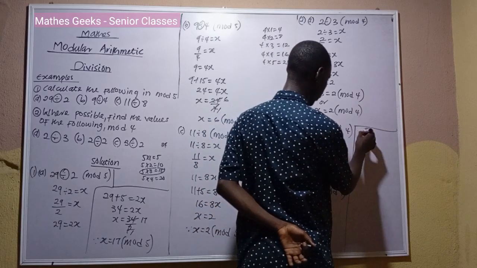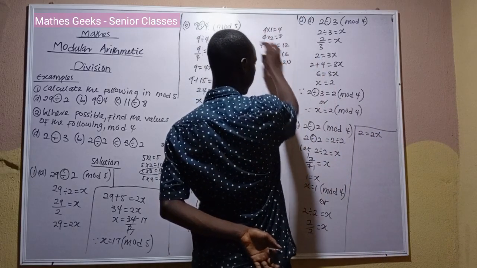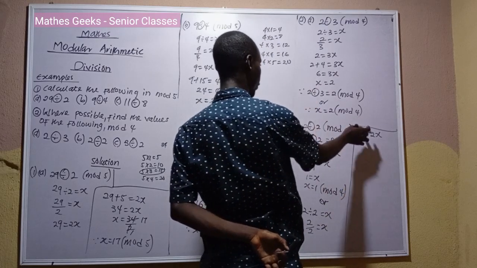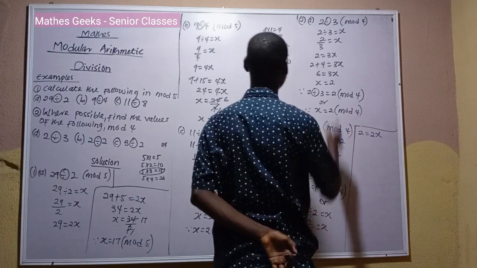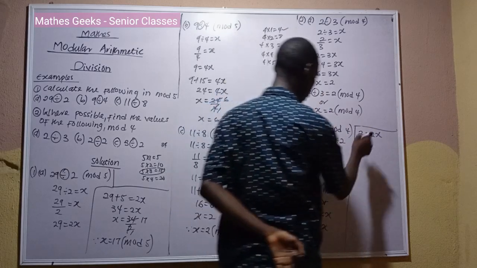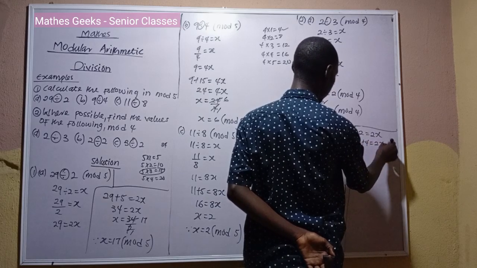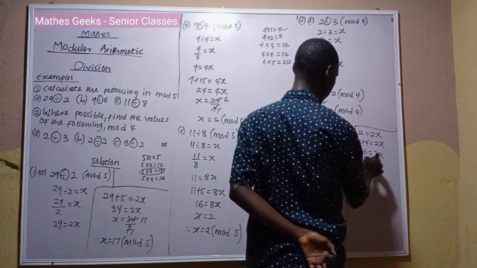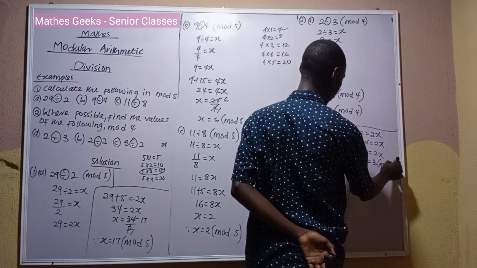So 2 is equal to 2x. A multiple of 4 when added to 2 will make the sum divisible by 2. Now 2 plus 4 is equal to 2x. 2 plus 4 is 6, so 6 equals 2x, and x is equal to 3 in mod 4.